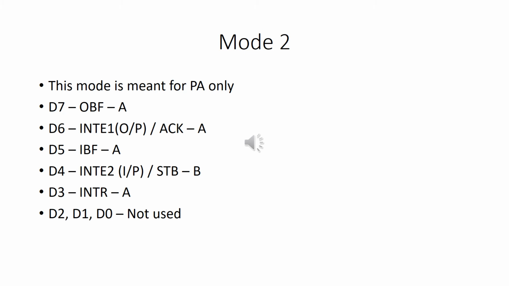D5 is IBF, input buffer. D4 is for interrupt 2 input and strobe. D3 is for interrupt, that is unconditional interrupt. Then D2, D1, D0 are not used.